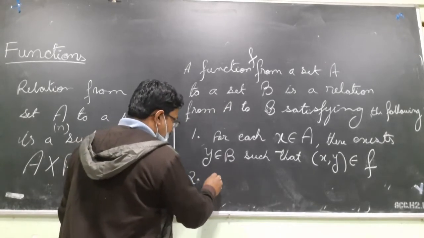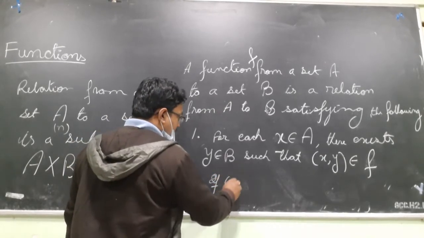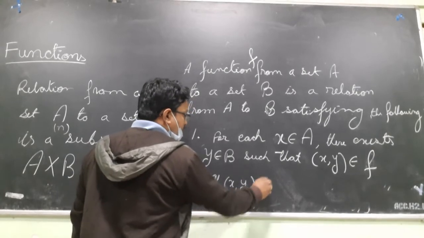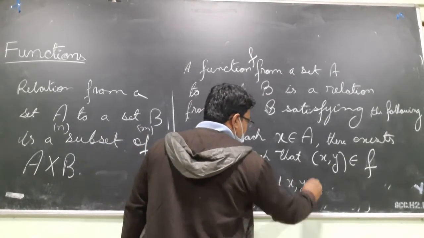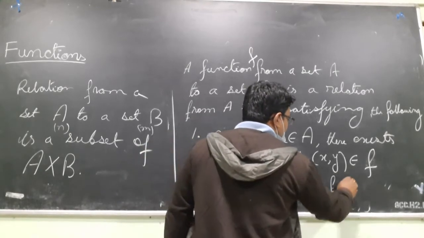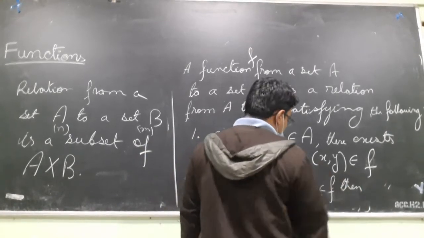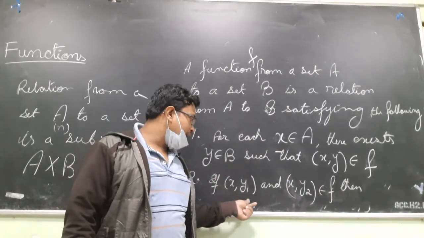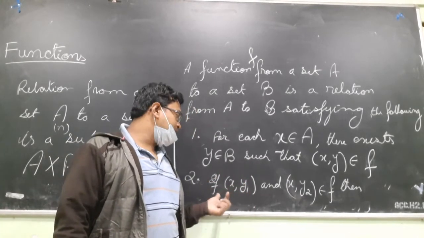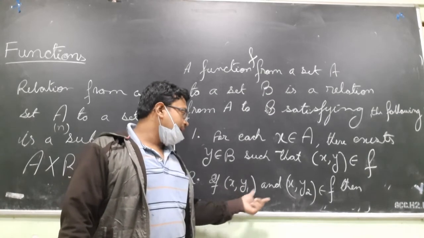So the next condition is, if (x, y1) and (x, y2) belong to f, then what should happen? I told that the second element has to be unique. For each x, the second element has to be unique.